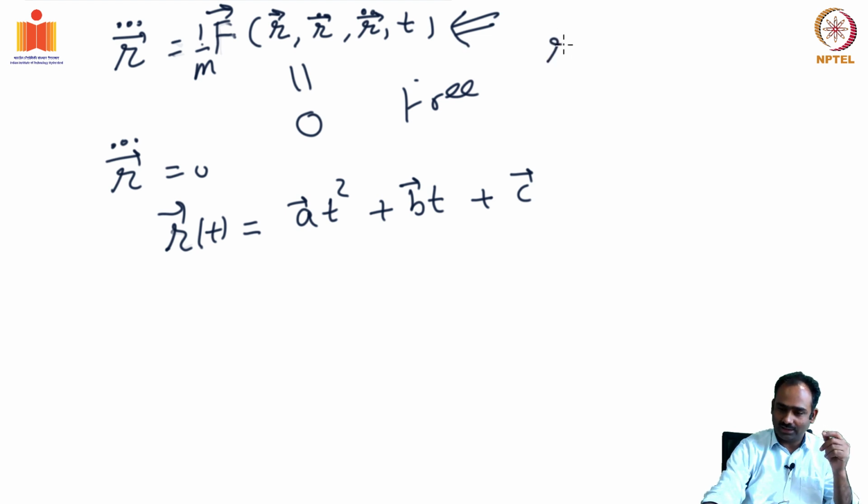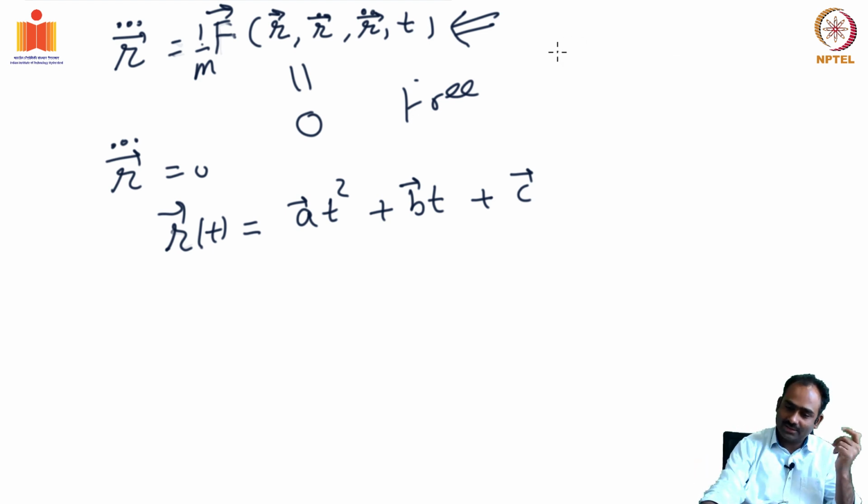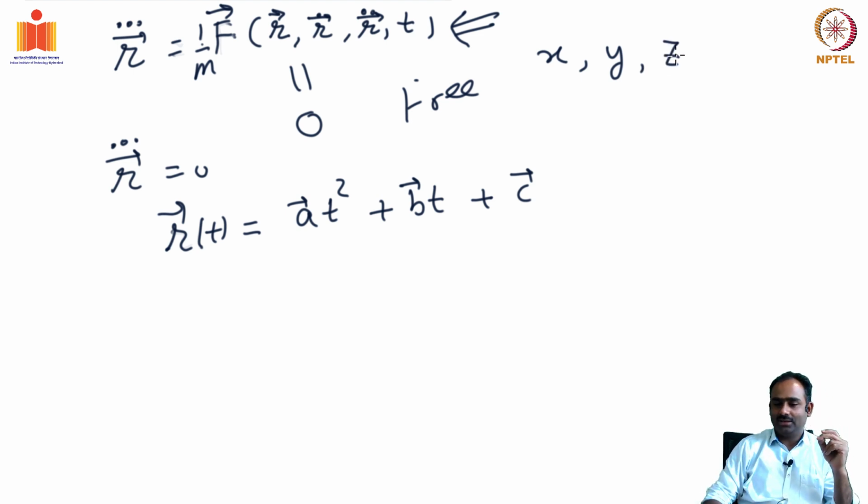So one equation for Rx, instead of Rx I can say X, Y, and Z. So you should read it as X triple dot as 1 over M Fx, Y triple dot as 1 over M Fy. So these are really three equations. Each vector equation becomes three equations.